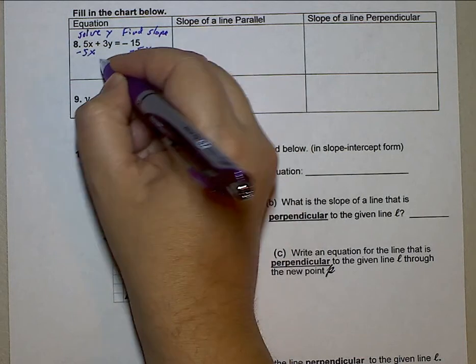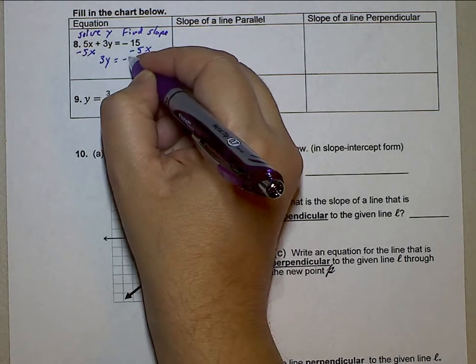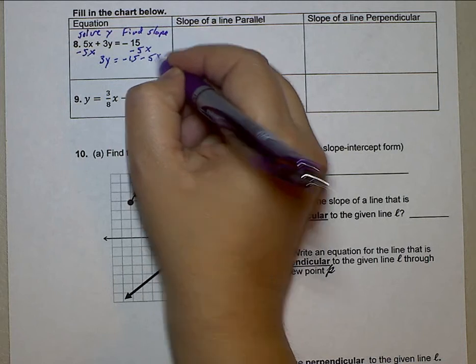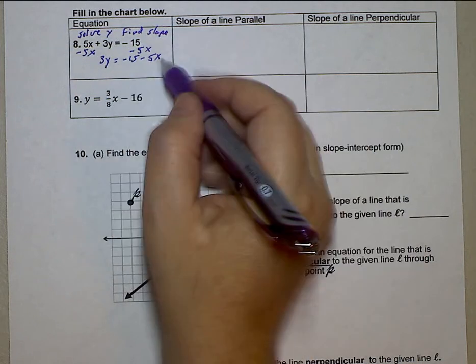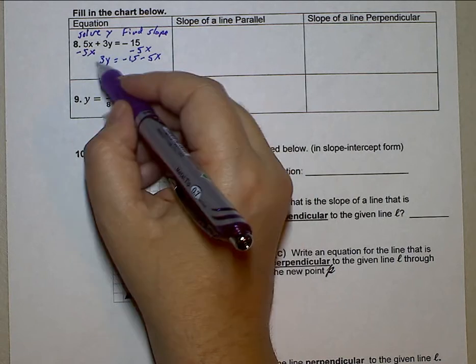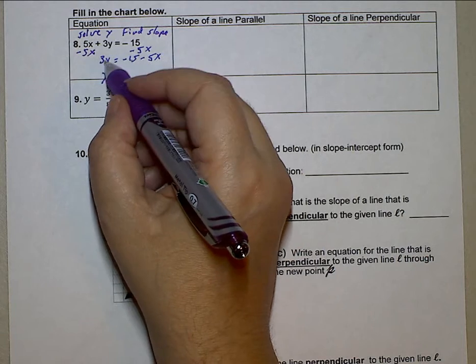So I have 3y is equal to negative 15 minus 5x. I'm going to divide by 3. So I have y equals, we're dividing everything by 3. Negative 15 divided by 3 is negative 5.